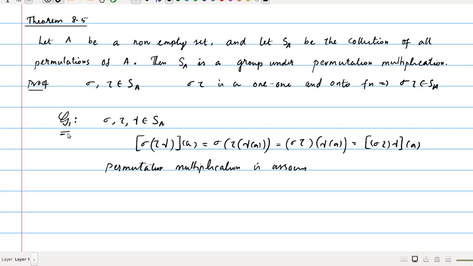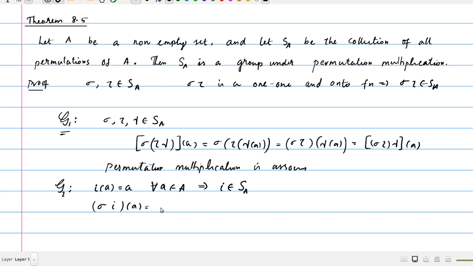In order to check the second axiom that deals with the existence of identity element, first of all we denote I of a equal to a for all a belongs to A. This is an identity function, which implies that I belongs to S_A, because this I is a 1-1 and onto function from A to itself. If we have sigma, then what is sigma I of a?